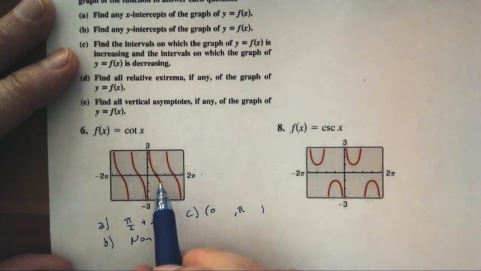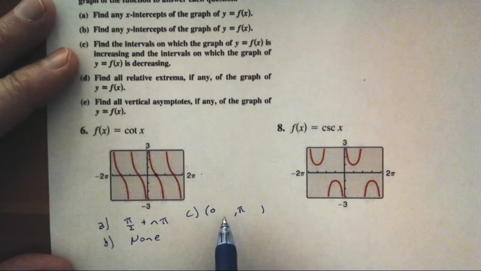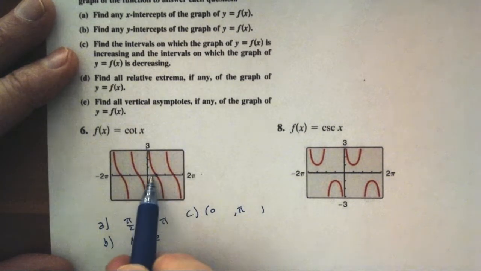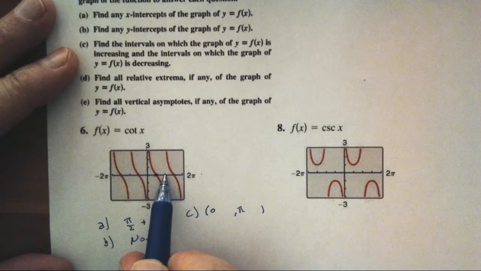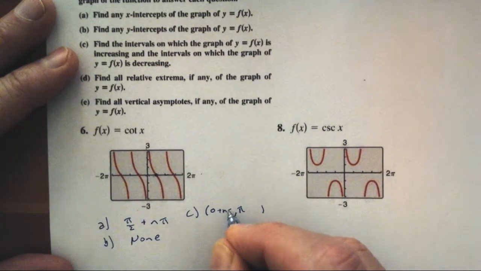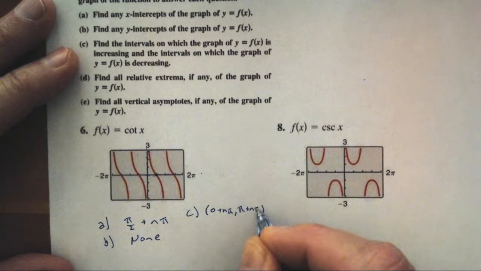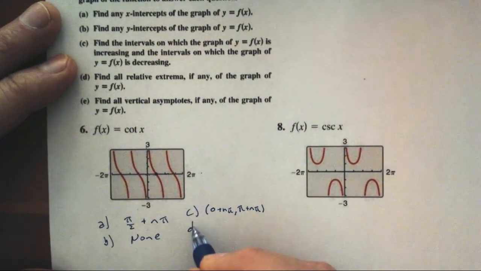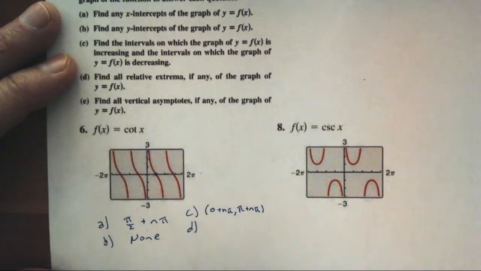But we could also add to that a whole other multiple of pi. It starts over every multiple of pi, so plus n pi. That would be a way of writing it. Increasing: there is no increasing.